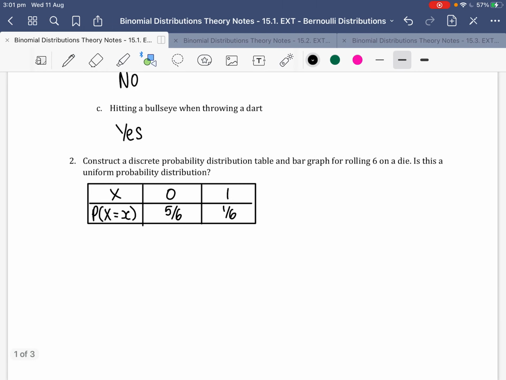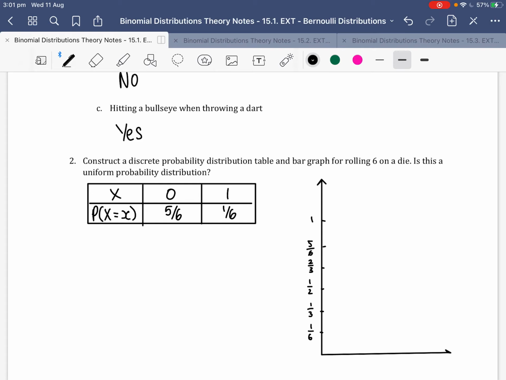We then want to draw up a bar graph to display this. So we just need a y and an x axis, and we're going up. Need an arrow on either end, and we'll just be going up by a sixth each time. So this will be a sixth, a third, a half, 2/3, 5/6, and 1.